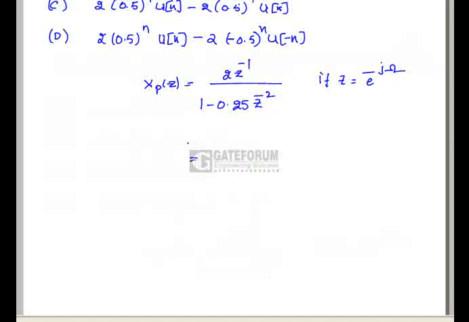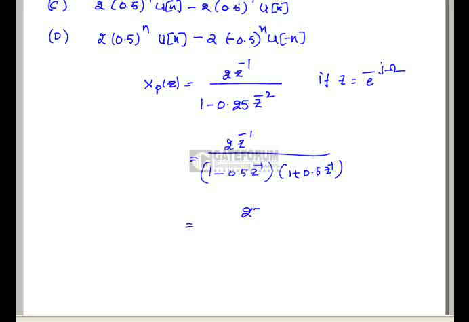This equation we can simplify like this: 2z^(-1) / ((1 - 0.5z^(-1))(1 + 0.5z^(-1))). So 2z / ((z - 0.5)(z + 0.5)).